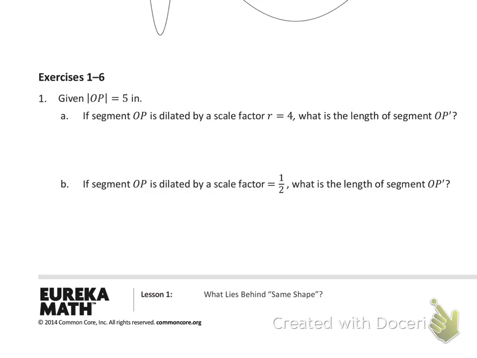Okay, so for 1A, I'll write it up here. We know that by the definition of dilation, the distance from O to the image of some point P is equal to the scale factor times the distance from O to the original point P. Okay, so this is the main part of the definition of dilation.